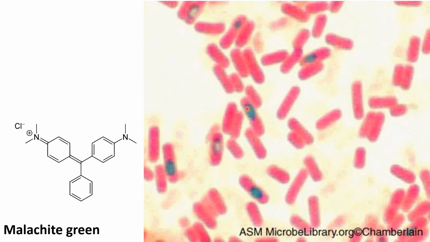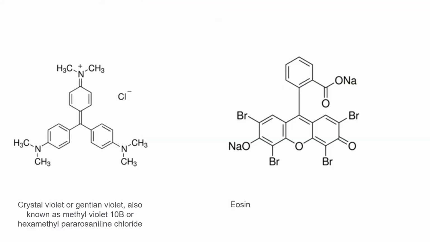Later I'll explain why we use malachite green to stain endospores. Of course the color is green. Then we have crystal violet. Again, here we have positive charge, and therefore crystal violet is a basic stain.